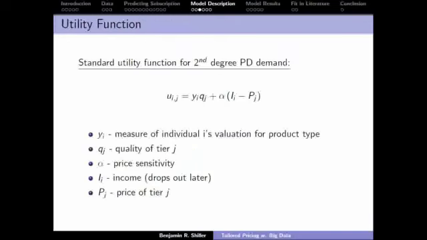Okay. Now, I derived this from the Mussa and Rosen standard second-degree price discrimination utility function. So basically, the utility is equal to the valuation for that type of product, that's basically how much the person likes DVDs by mail, times the quality of the tier, plus the price sensitivity times the remaining income that they have after buying this plan.